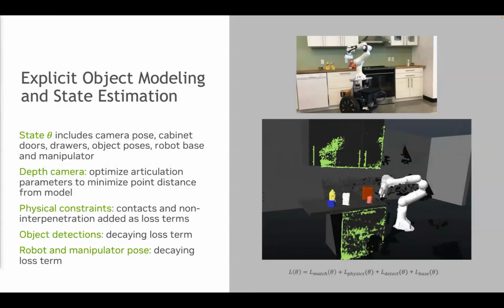Here's an example of the earlier work we've done. Imagine you have a kitchen and you have a 3D model of that kitchen, which means you even have models of the drawers and doors, and a model of how they are articulated, how they move. In that context, you have a system observed with a depth camera, and we also have models of the objects in the scene.